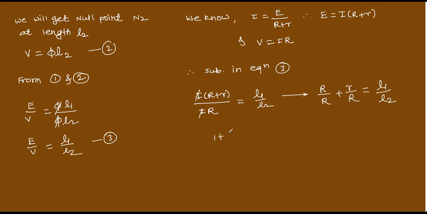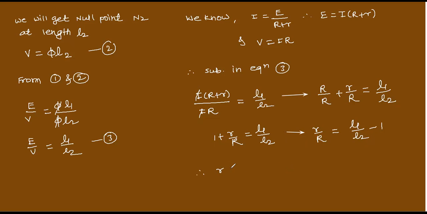So 1 plus small r by capital R is equal to L1 by L2. That implies, I am transferring this 1 this side. So I am getting small r by capital R is equal to L1 by L2 minus 1.